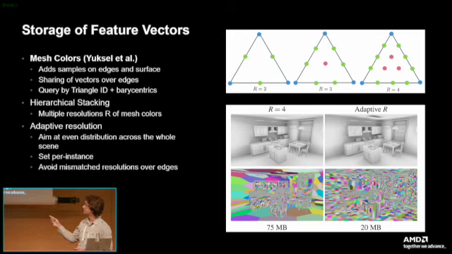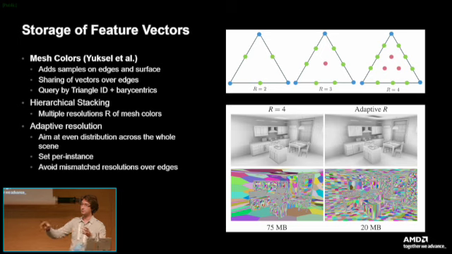In our tests, we have used 2 resolutions. One was per vertex, so R equal to 1. And then we had adaptive resolution. We figured out pretty quickly that using 1 resolution for the whole scene doesn't work. You can see this on the left. It takes 75 megabytes, and it's not very well distributed.